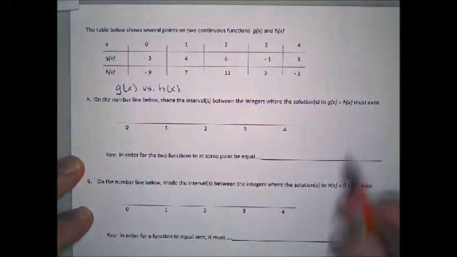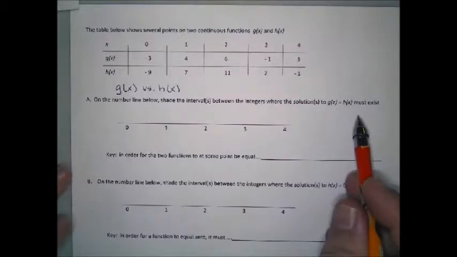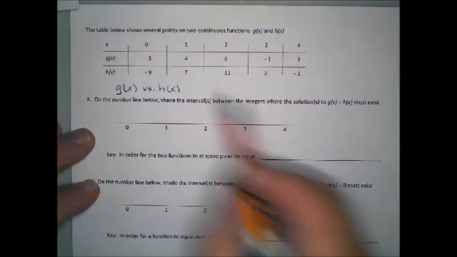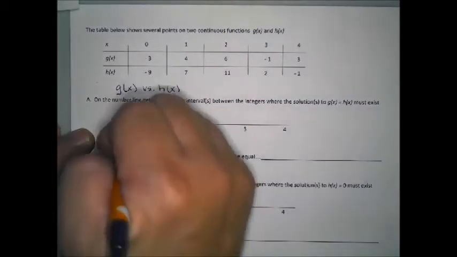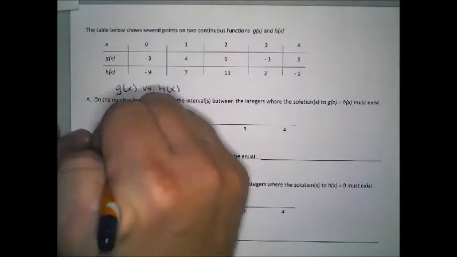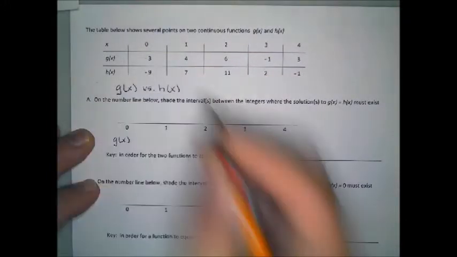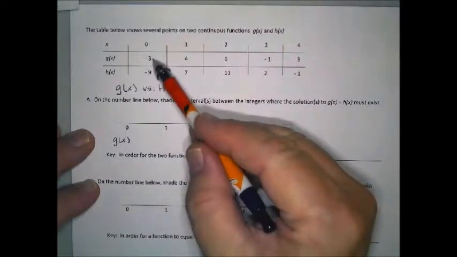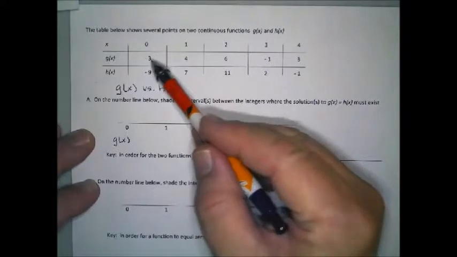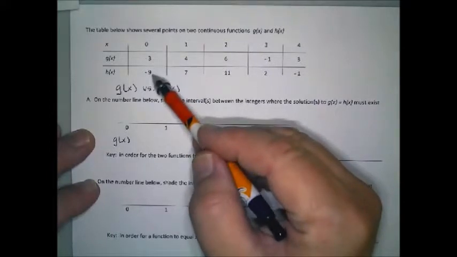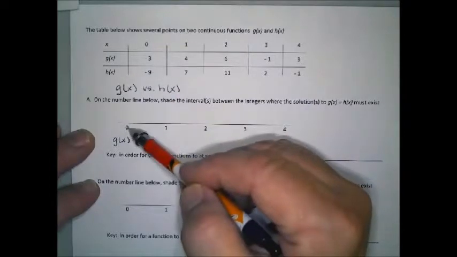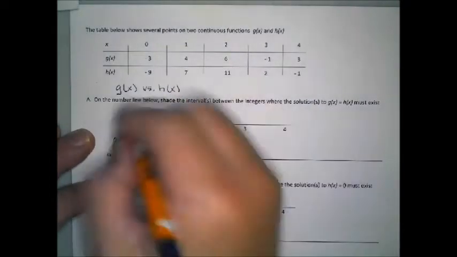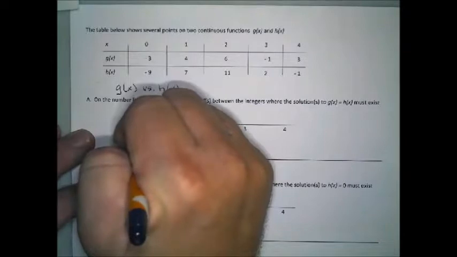And here's how to do it without actually doing any graphing at all. At x equals 0, g of x is above h of x because y equals -3 is a higher value than y equals -9. So -3 is bigger than -9. So at x equals 0, g of x is higher than h of x.